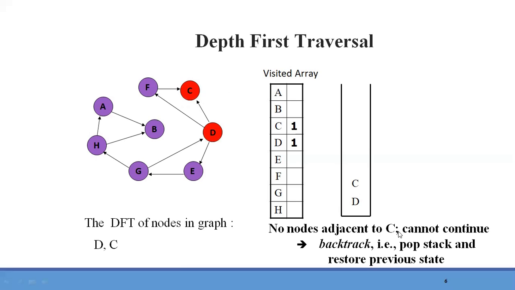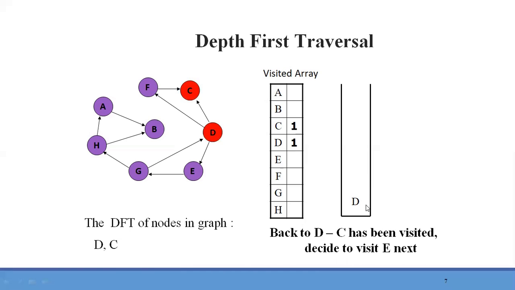After this, all of you know the basic working principle of a stack. Stack is last in, first out. So the element at the top of the stack will be processed first. Now C is at the top of the stack. So we need to look at the nodes which are adjacent to C and where there is a direct path from C to its adjacent node.